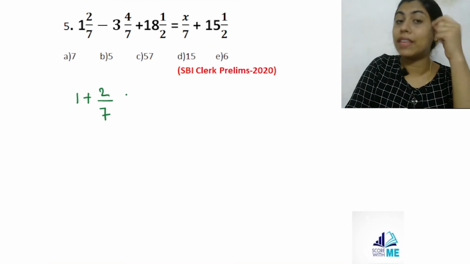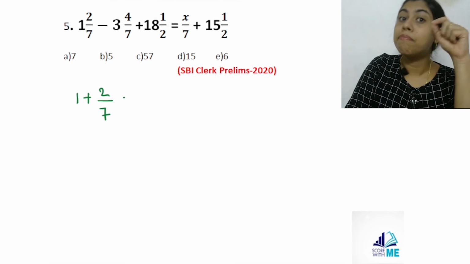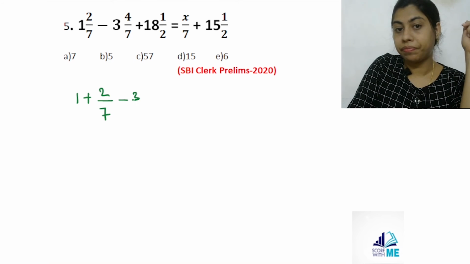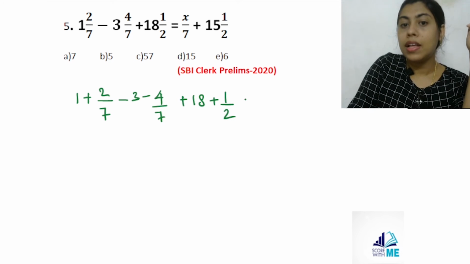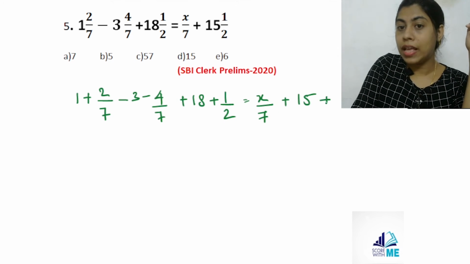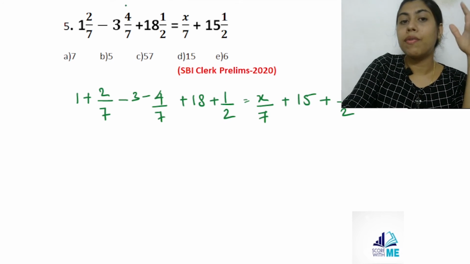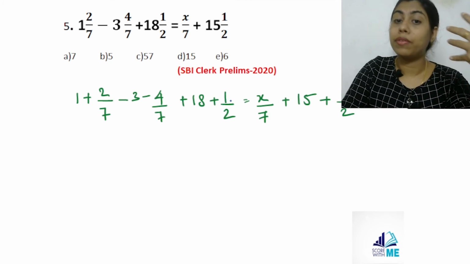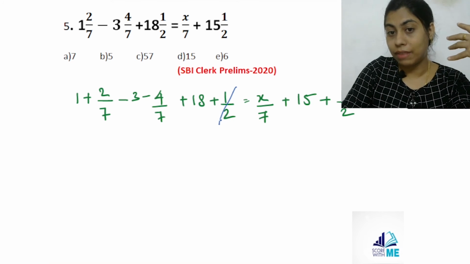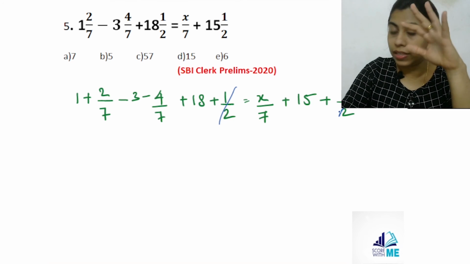Similarly, 3 4 by 7 can be written as minus 3 minus 4 by 7. And the next one, 18 plus 1 by 2, that is equal to x by 7 plus 15 plus 1 by 2. Now going for cancellation, we see if there are any terms that are common in both left hand side and right hand side.